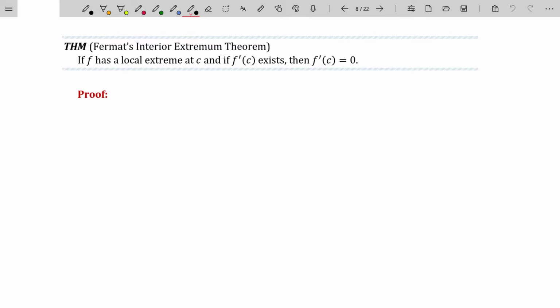But this is a very powerful theorem because this allows you to work with graphs of functions and find when you have local extremes or not. Actually, really, it allows you to work with critical numbers and local extremes. It basically says that if you have a local extreme, and again, derivative exists, then f prime of c is 0.